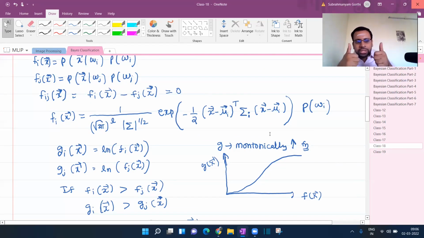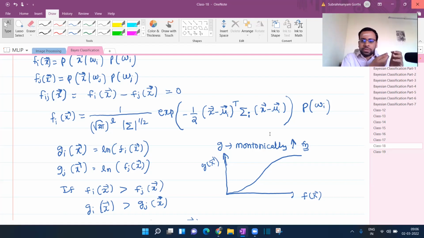Then we noticed that as long as your function is monotonically increasing, what does that mean? If f of x bar is increasing, g of x bar is also increasing. When I say f of x bar, that value could be that corresponding to the ith class or the jth class. So one such function we considered is the natural logarithm.